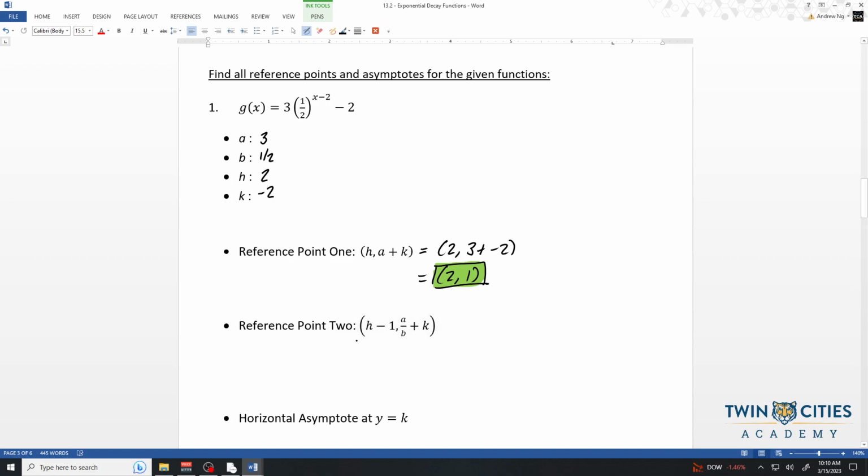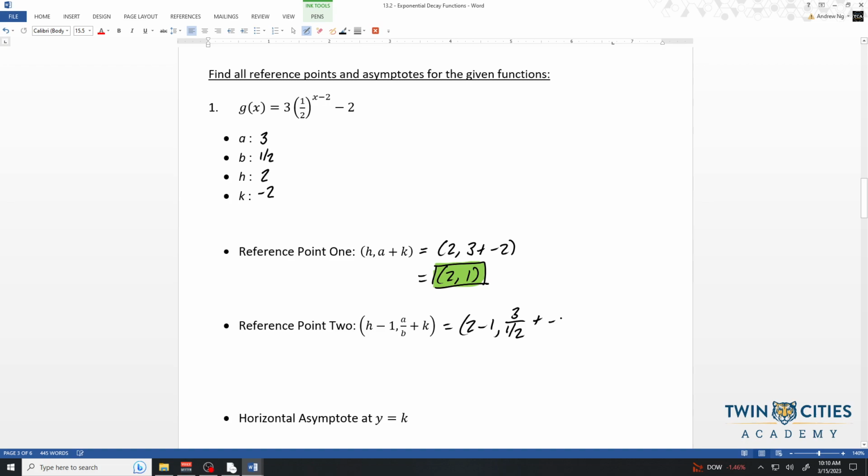My second reference point is h minus 1, and then a divided by b plus k. So again, let's fill in what we know. H minus 1 would be 2 minus 1, comma, a divided by b, so that's 3 divided by 1/2, and then plus negative 2.